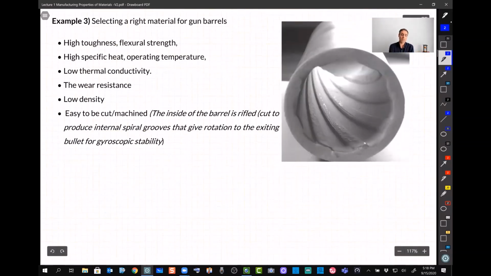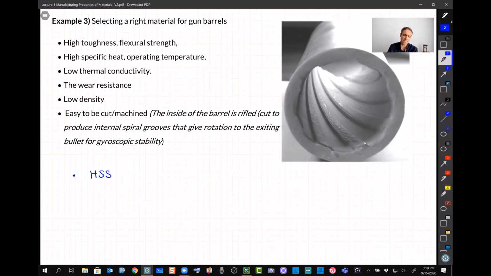Moving on, gun barrels. What material should we pick for that? So far, people were happy with HSS, which is high-speed steel, which again, we will discuss soon, and its properties. But then, over time, with the advance in materials, people wanted more.